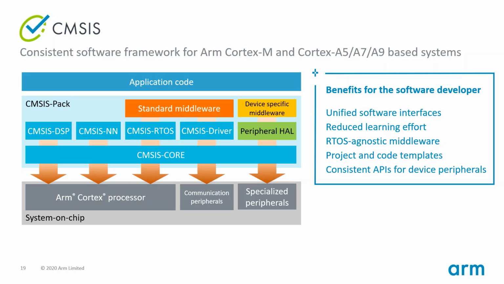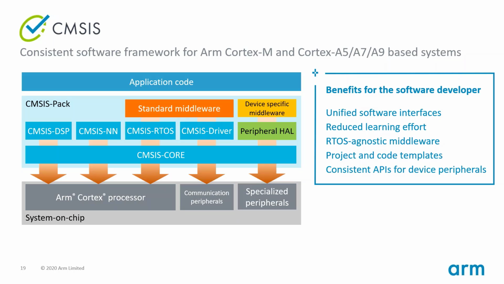You can extend this with device-specific peripheral interfaces that implement, for example, the interface to device-specific middleware, and then basically use this in your application code. So the benefits for you as a software developer is we offer unified software interfaces that actually are implemented across a diverse range of devices. When you change your device, you have a reduced learning effort.